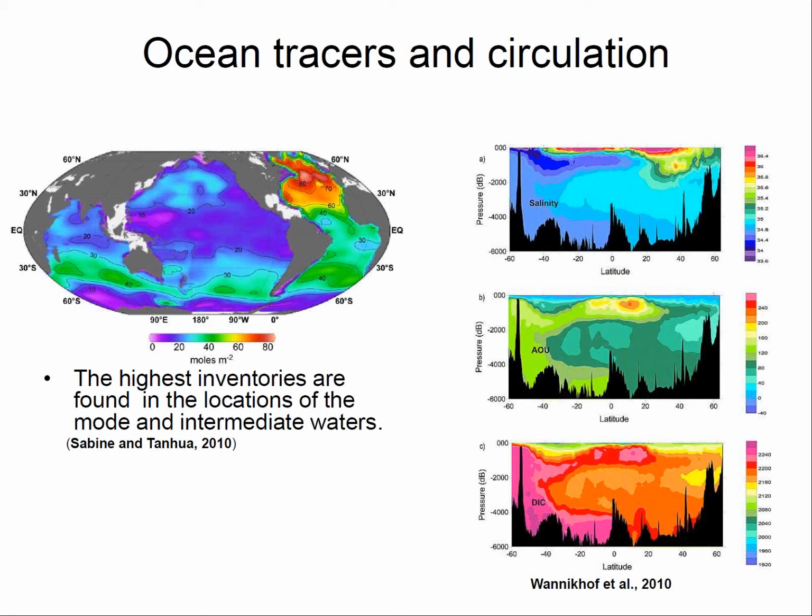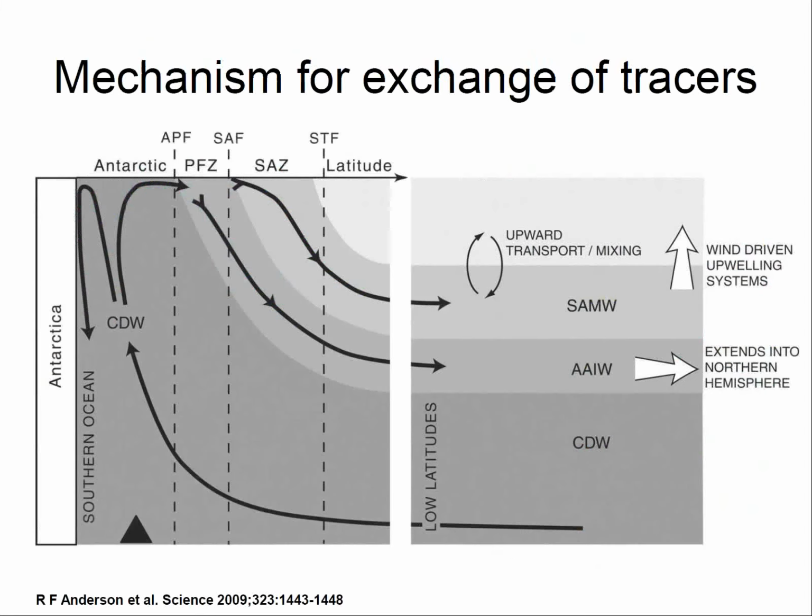And here's more a view of carbon over depth. So this depends a lot, I believe, on the methods estimated, but we see a lot of carbon over those depths.